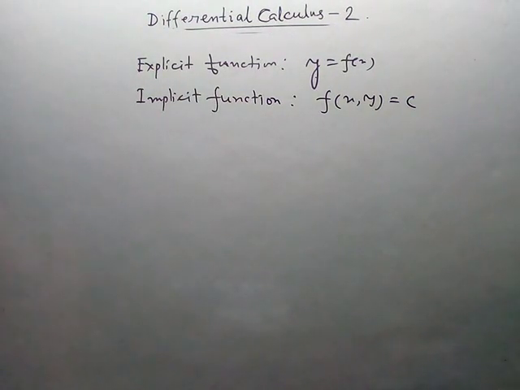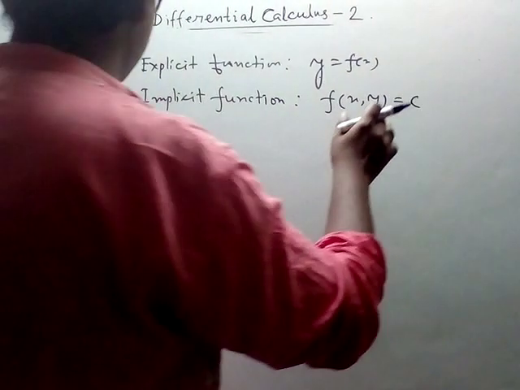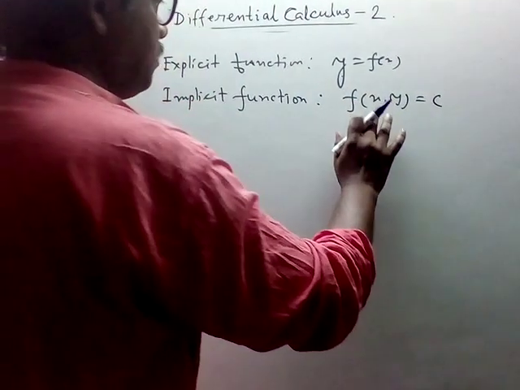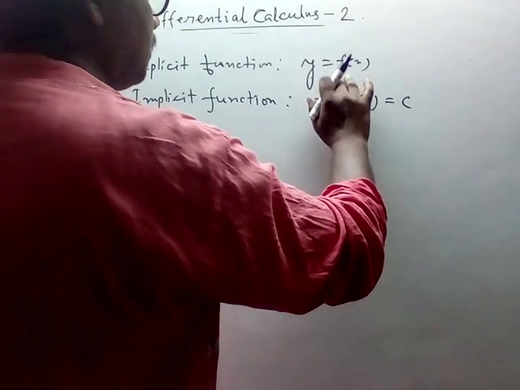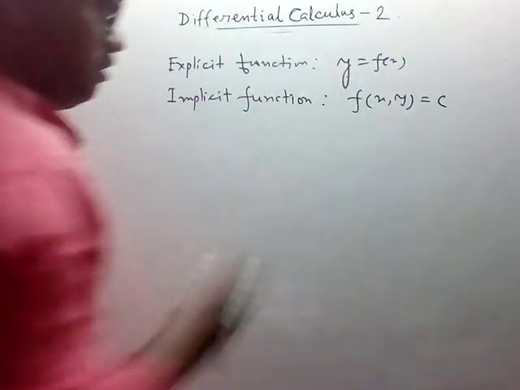Sometimes implicit functions can be expressed as explicit functions, and sometimes it is very tedious to represent them as explicit functions. So we have to find now the derivative of implicit functions. What we have done earlier were all explicit functions.